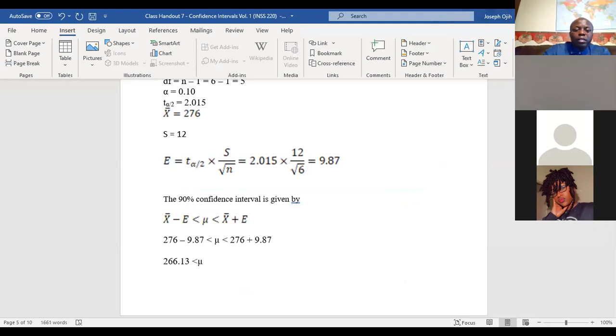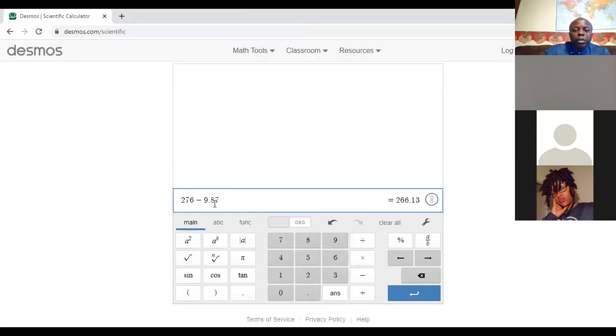And less than, you add it on this side. So we go there and put it back. I change this to plus, which gives 285.87 pounds.